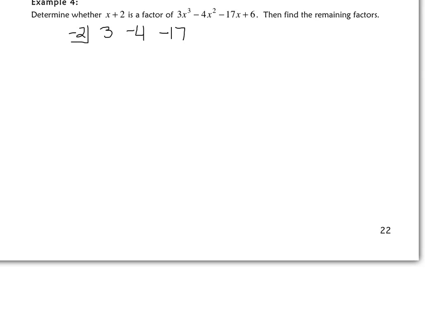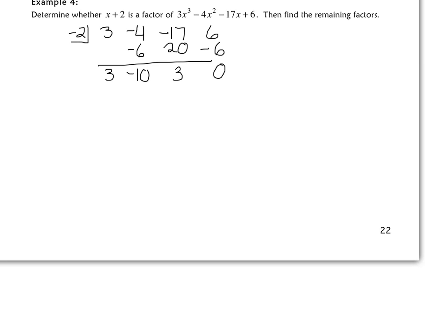There are no missing terms, so I just write them as is. Bring down the 3. Now negative 2 times 3 is negative 6. Negative 4 plus negative 6 is negative 10. Negative 2 times negative 10 is positive 20. Negative 17 plus 20 is 3. Negative 2 times 3 is negative 6, and we get a 0 here, so that means we can continue.